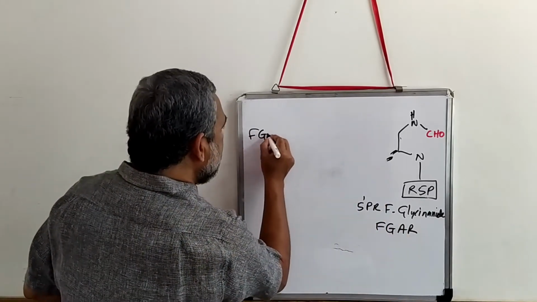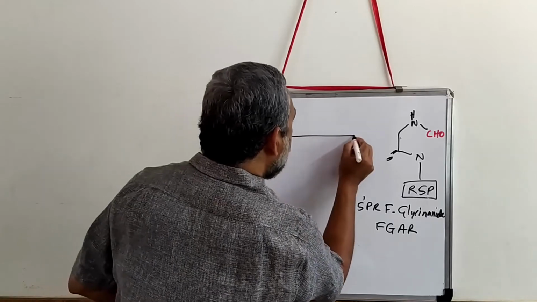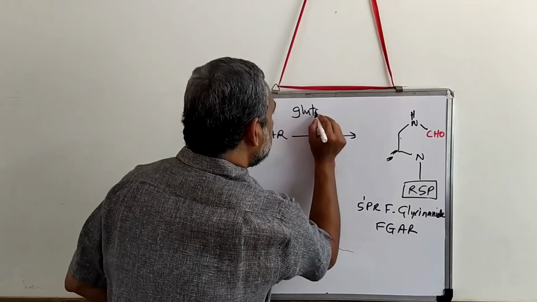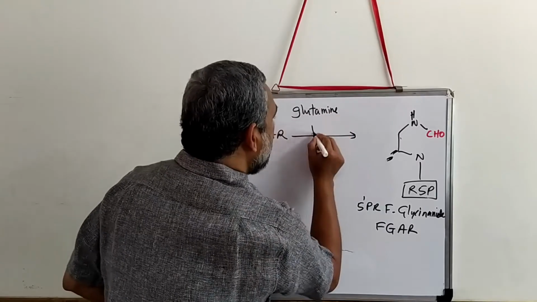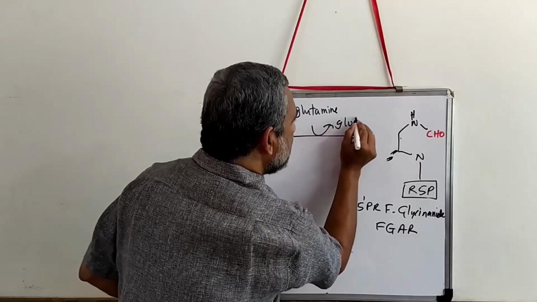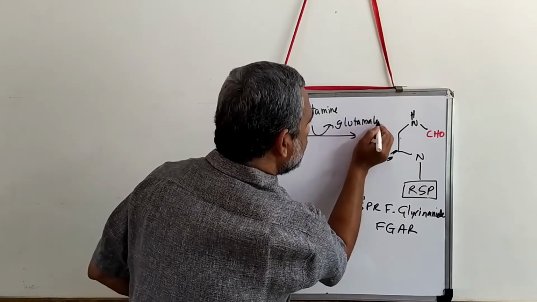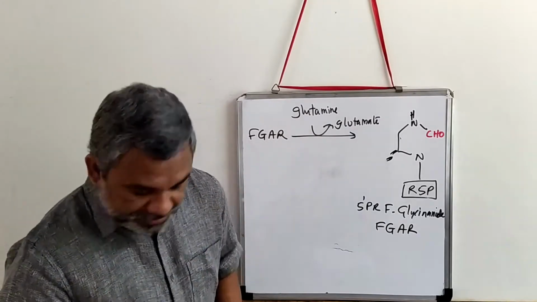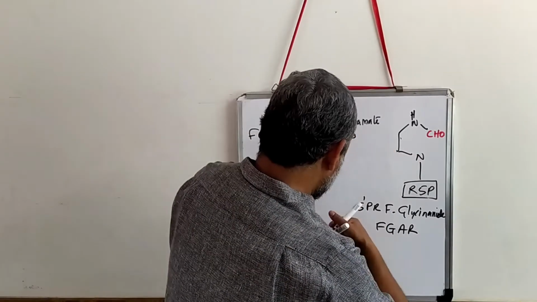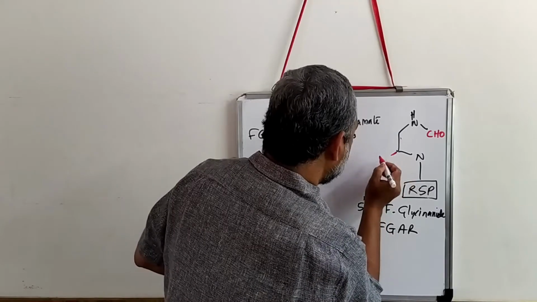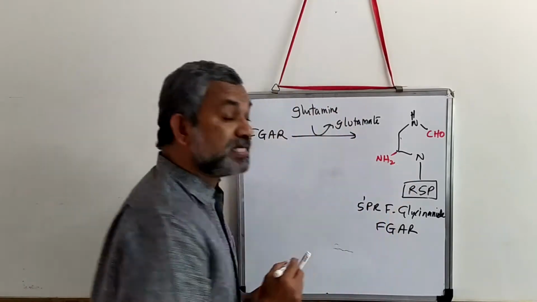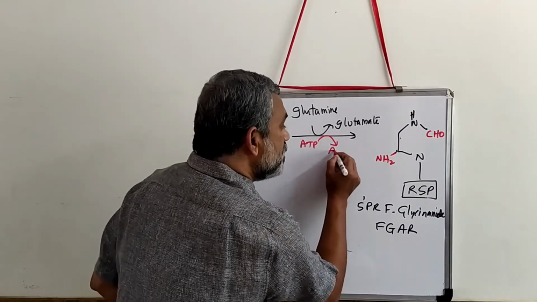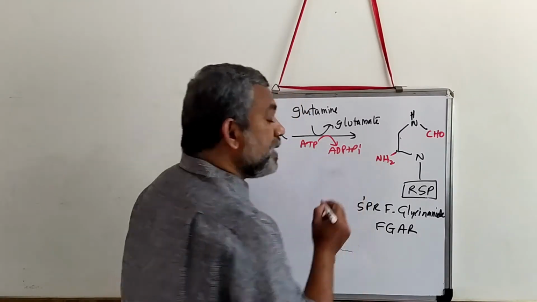Now FGAR, add a glutamine, and you know that it becomes glutamate, and an amino group is added at this place. This becomes an amino group. And it requires the investment of an ATP molecule, ATP broken down to ADP and Pi.